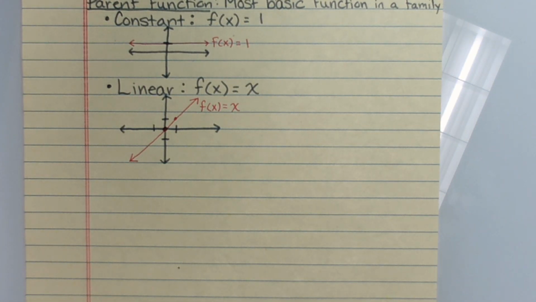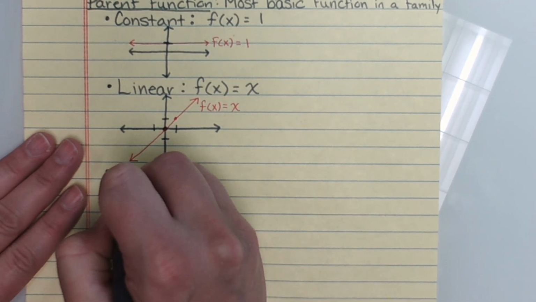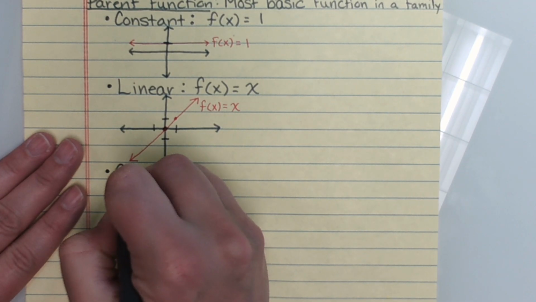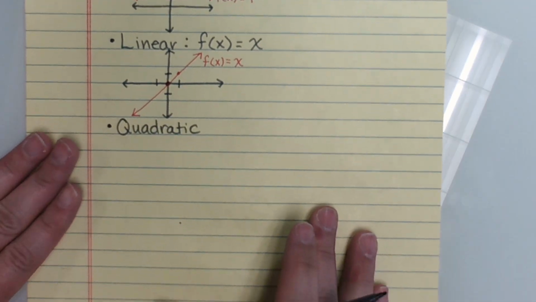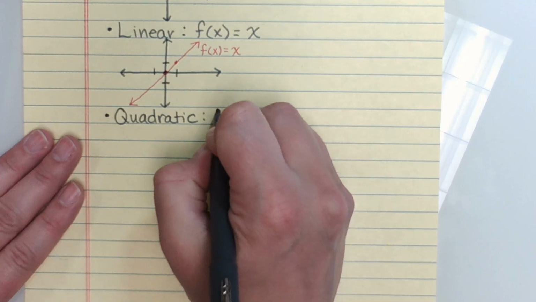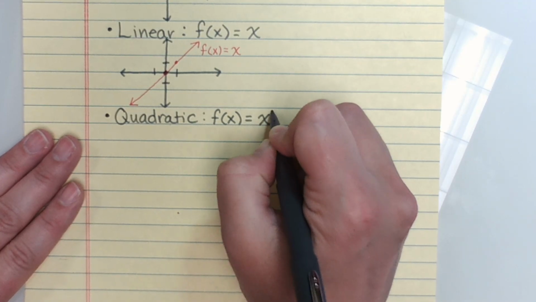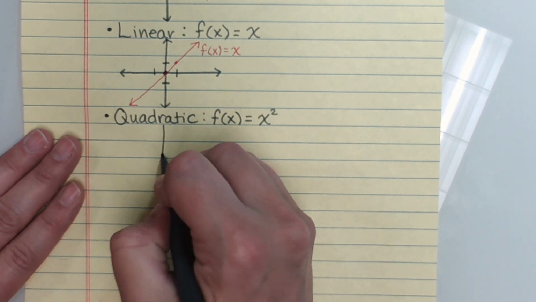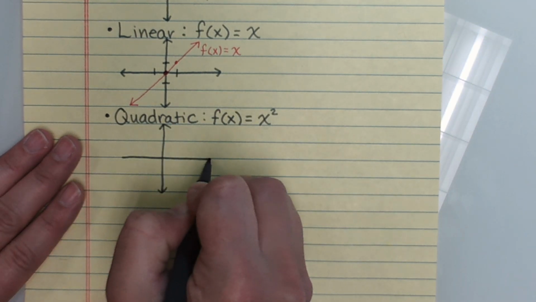Now the other two that we're going to focus in on, because we're not going to focus on all 6, we're going to focus in on 4 of them: constant, linear, and the other 2 are going to be the quadratic and the absolute value graphs. The quadratic parent function is f of x is equal to x squared, because quadratic meant it had the exponent of 2.